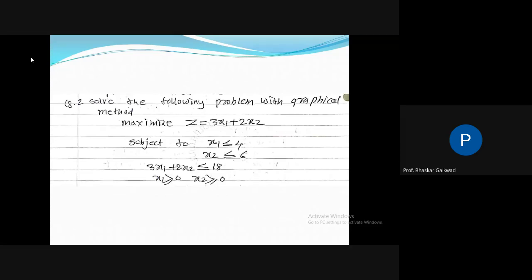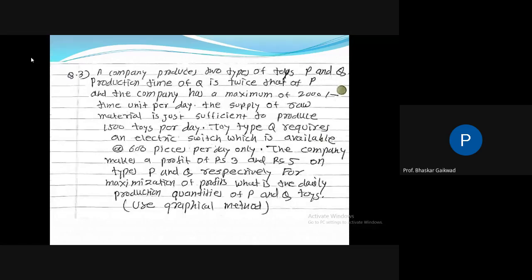Then problem number 3. Profit maximization is 1500.